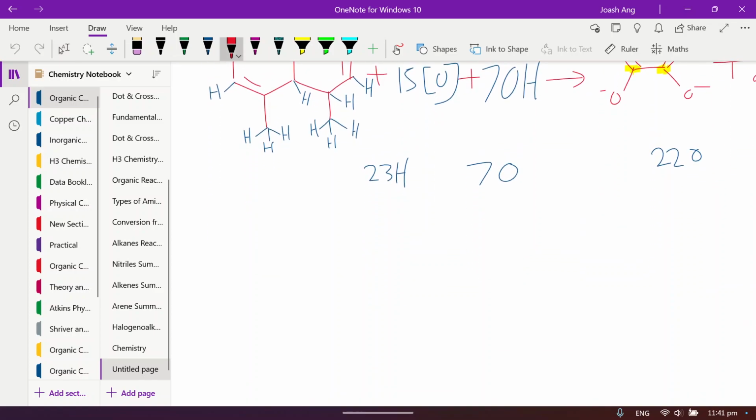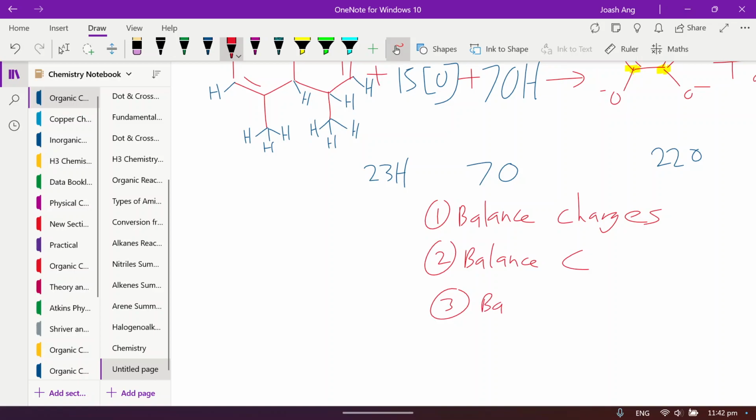Okay, so just to summarize, first step, balance charges, if you're doing strong oxidation in alkaline medium. Second is balance carbon. Third step, not oxygen, balance hydrogen.